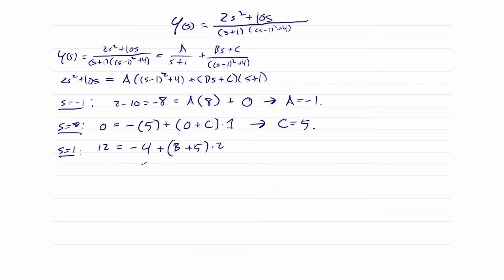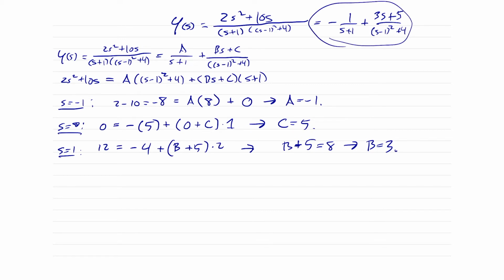All right, so then negative 4 combines with 12 to give us 16, divided by 2 gives us 8. So then I get B plus 5 is equal to 8, and that tells me that B itself is equal to 3. Okay, so what does that tell me then? That tells me that this is actually equal to minus 1 over s plus 1, plus (3s plus 5) divided by ((s minus 1) squared plus 4).